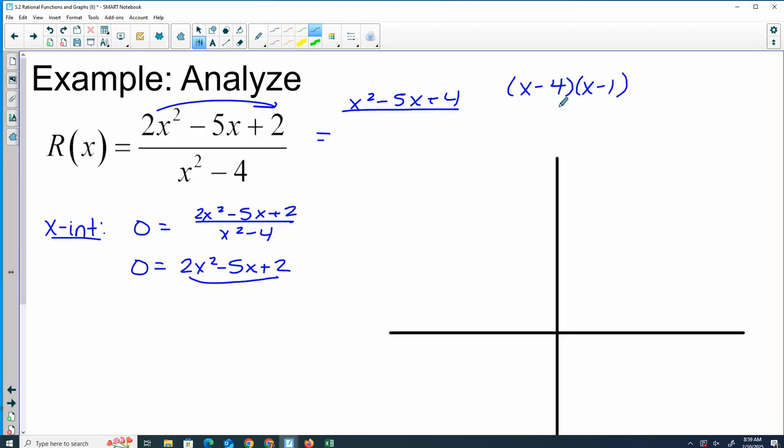And then what do we do? Okay, when we do that, we get x minus 2 and 2x minus 1. On the bottom, x squared minus 4. What can you do there?